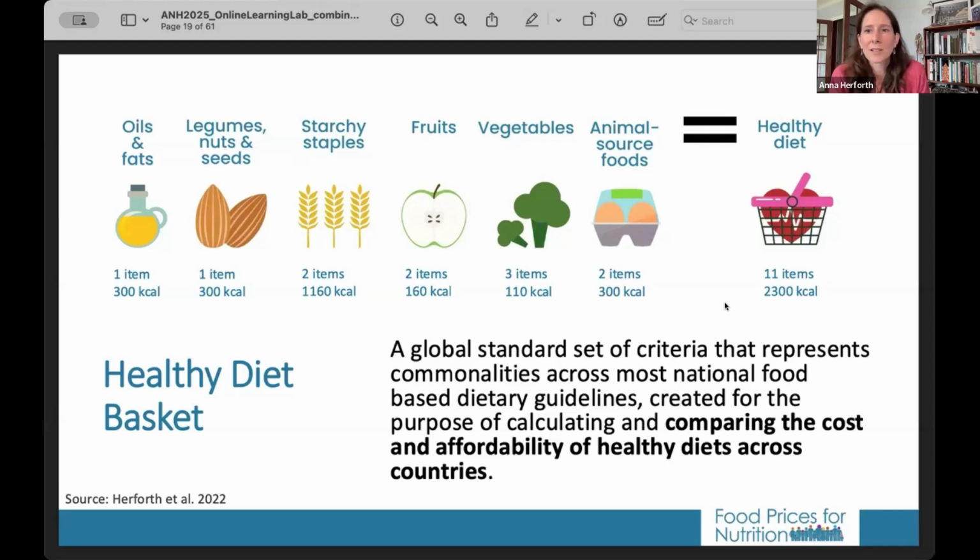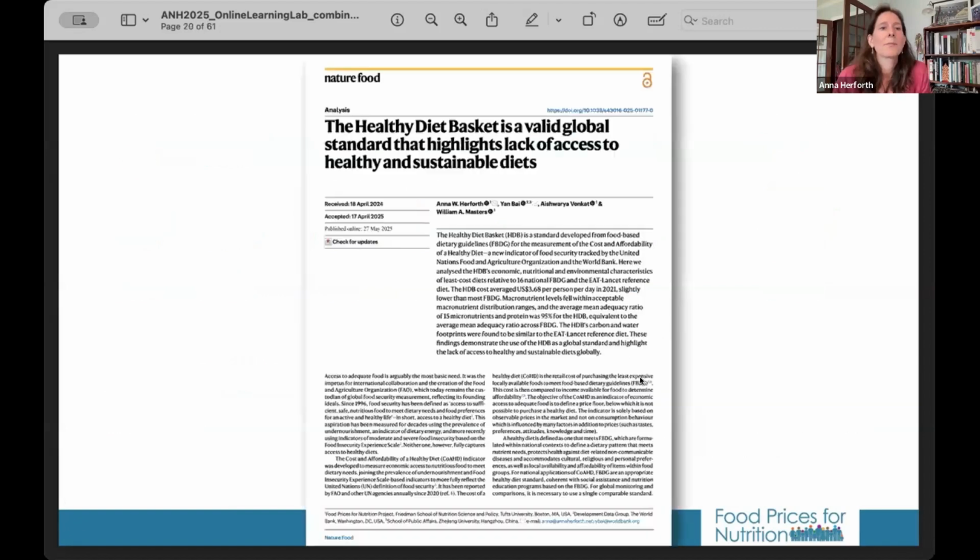So it happens that that turns out to be the average across population groups in general. And so we can use this healthy diet basket as a global standard set of criteria representing commonalities across national food-based dietary guidelines for the purpose of calculating and comparing the cost and affordability of healthy diets across countries.